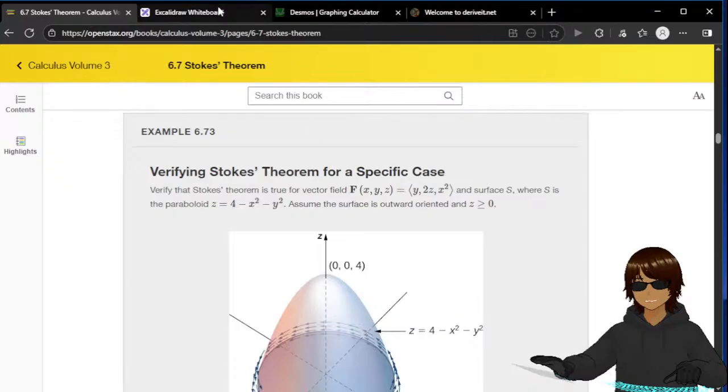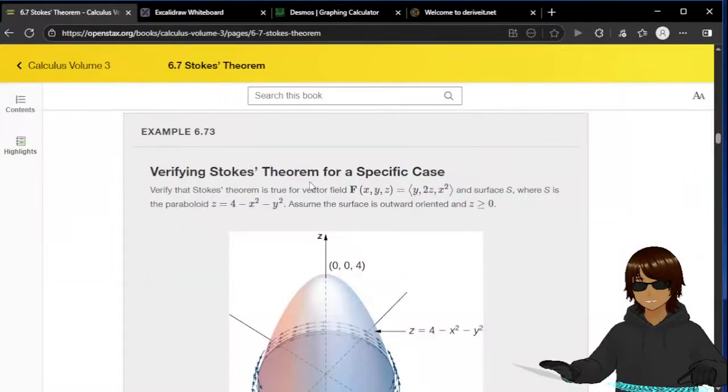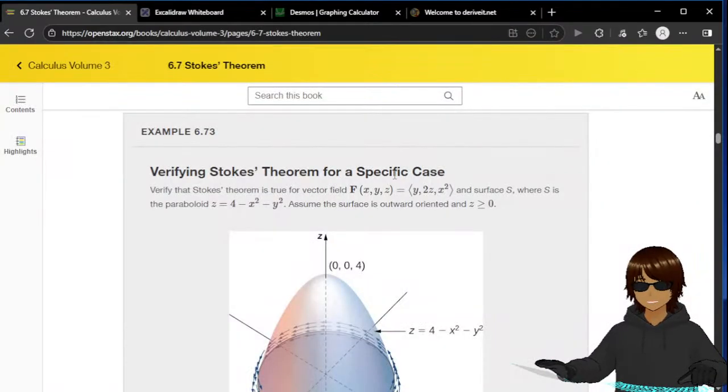So the vector field F of x, y, z is y z and then x squared.